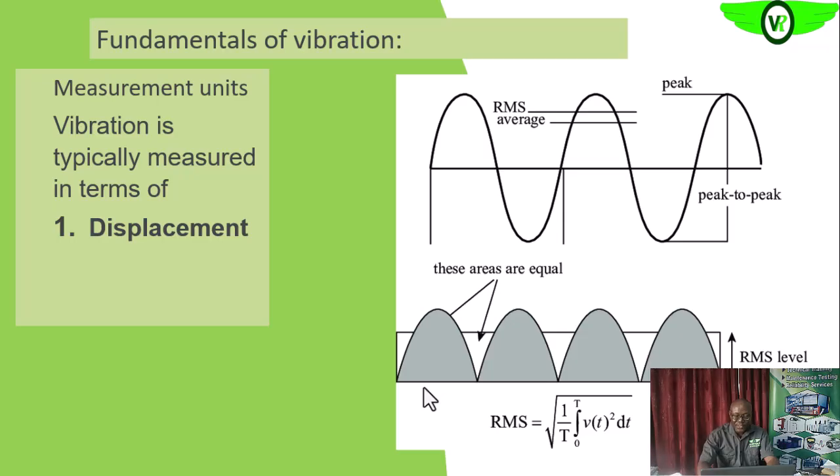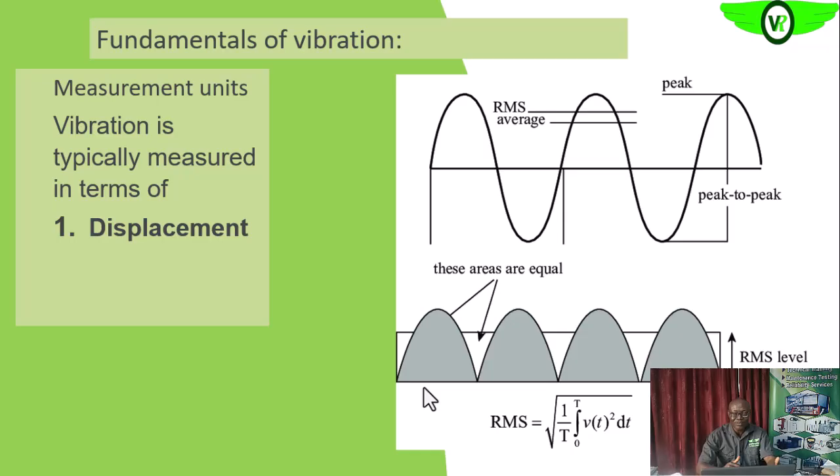So that brings us to the first measurement unit, which is displacement. Displacement is the normal displacement in your equation of motion, the distance moved. But in this case, we are looking at the distance traveled.